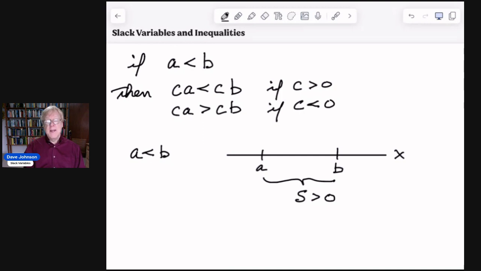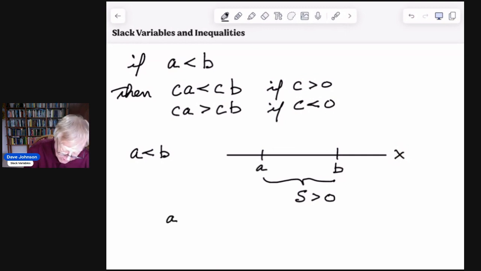And if a is less than b, in other words, if a is to the left of b on the number line, or what I'm labeling here as the x-axis, then we can change that into an equation.